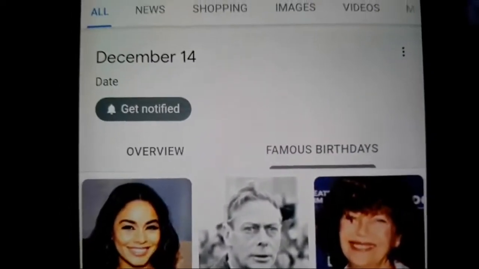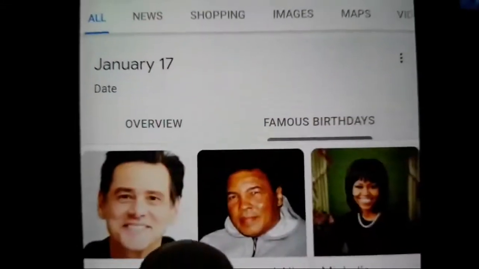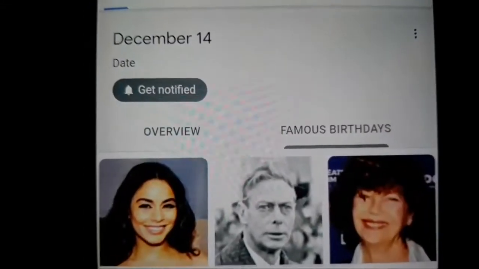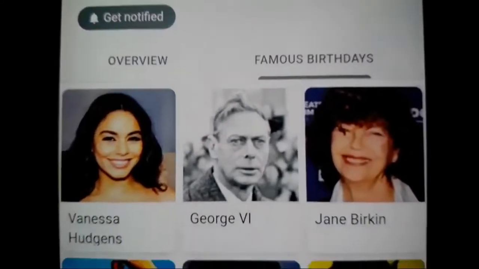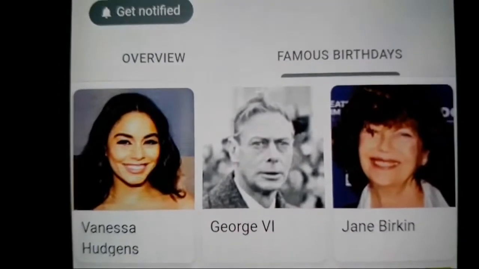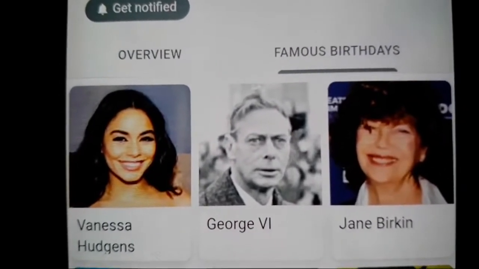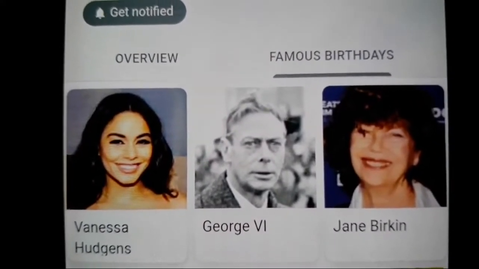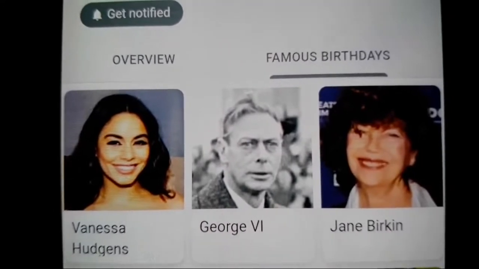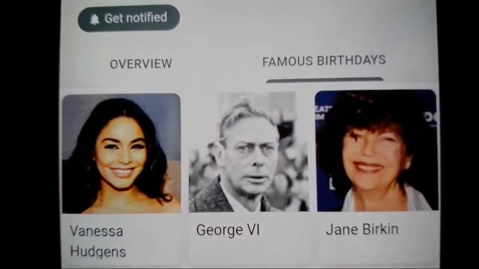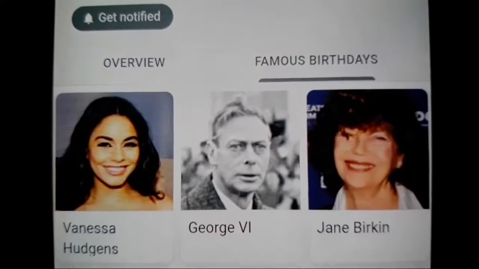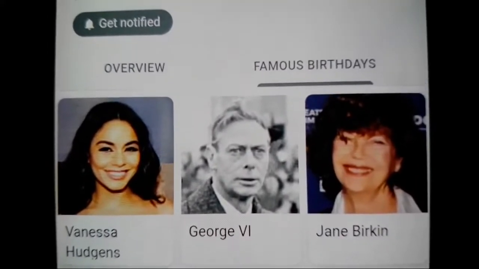Oh, and remember, January 17th, what I was just showing you, is the backwards of December 14th, right? And look who the first two are. George the Sixth, who was married to the Queen, not this Queen, a different Queen of England, I think.